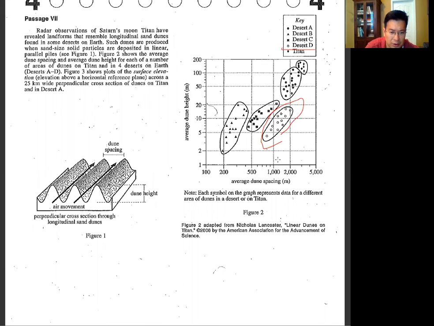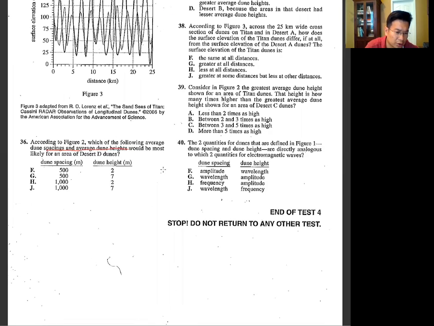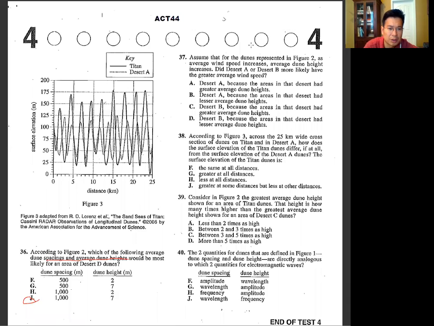Average spacing is around 1,000-something, and height is around 8, 9, 10, kind of like the range. Go here. Okay.